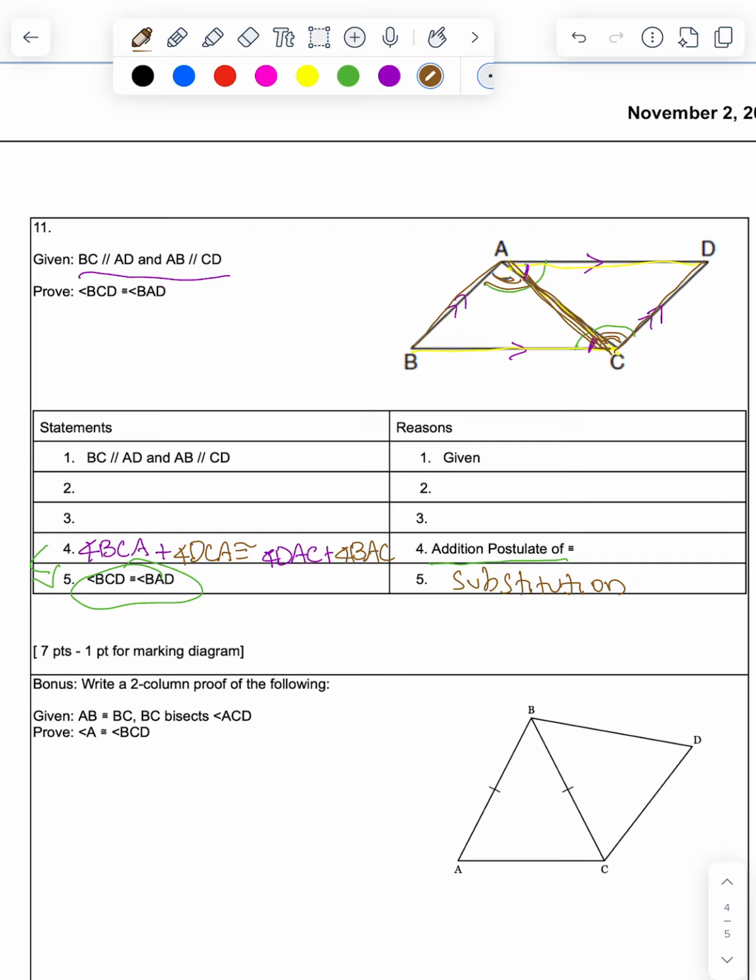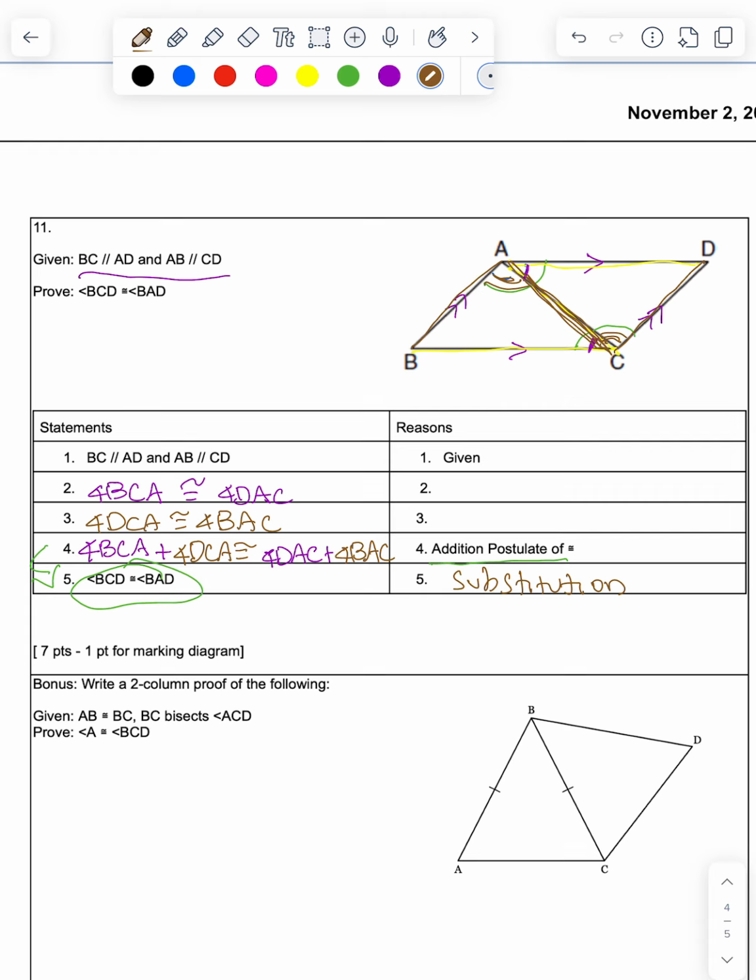So that's the hard part, the addition. So now it's just stating why the angles are congruent, because remember, we have to start with congruent and we have to add congruent. So we need to know that the two purple angles that we're adding are congruent, and that the two brown angles that we're adding are congruent.